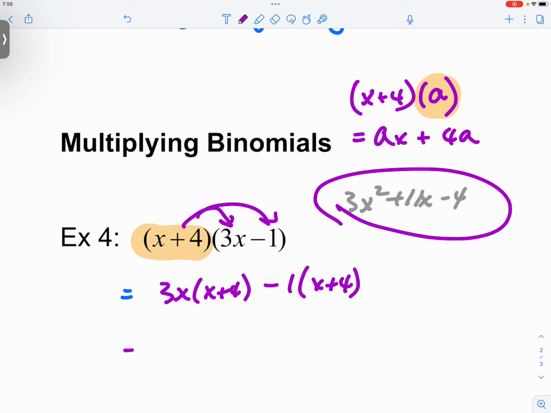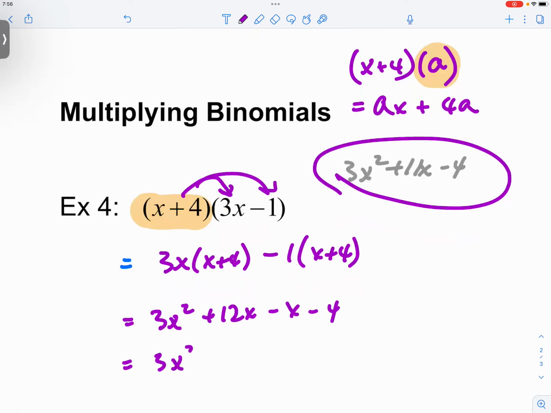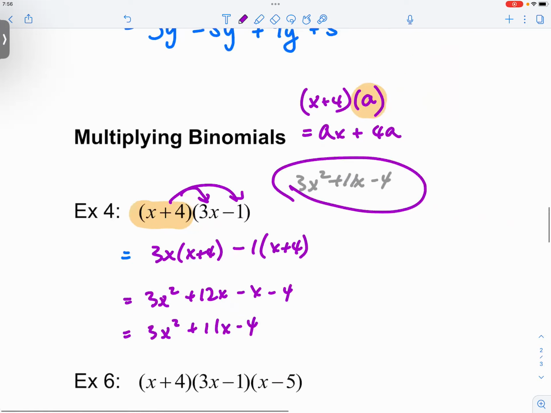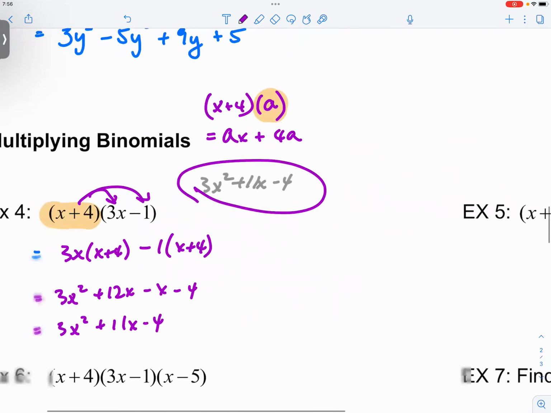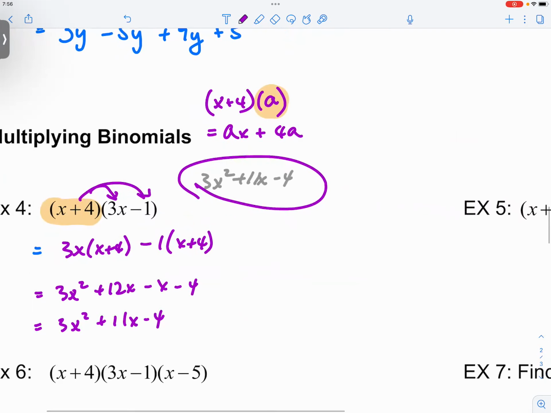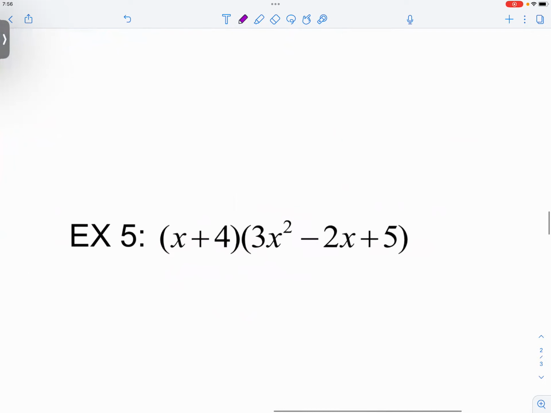Okay. So you will still get the same answer as I said. All right. So if you understand, if you're okay with this, then let's take a look at number 5.